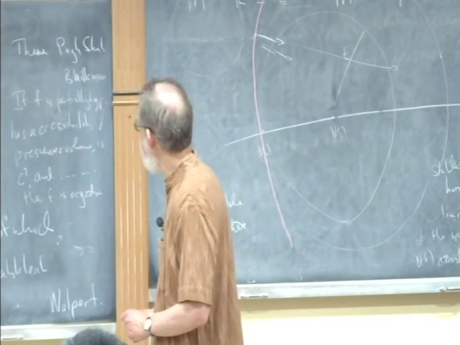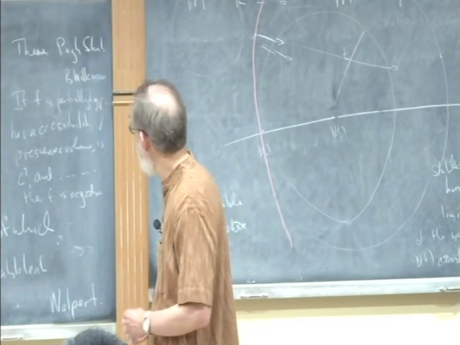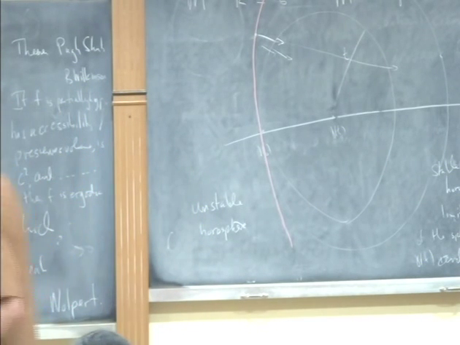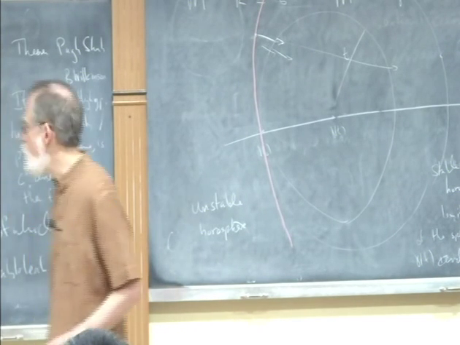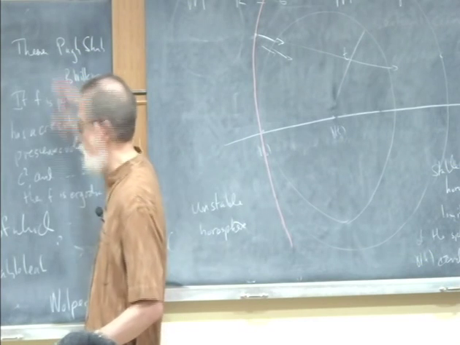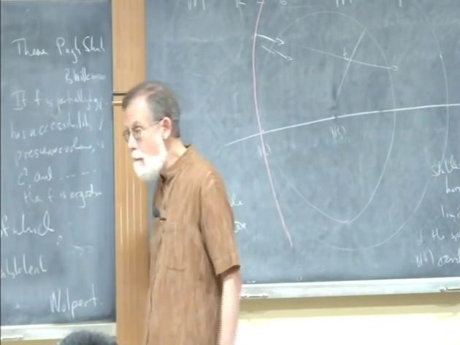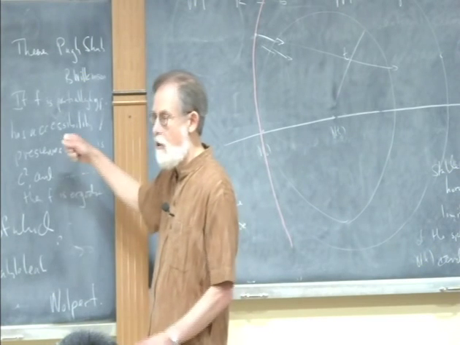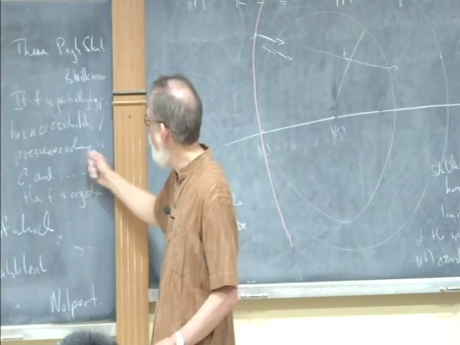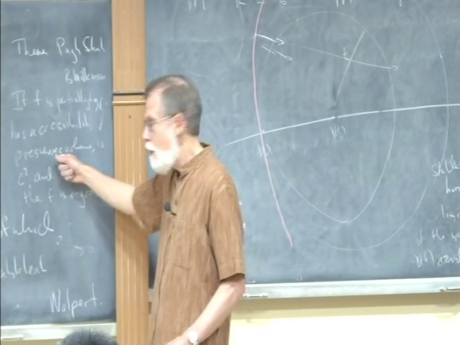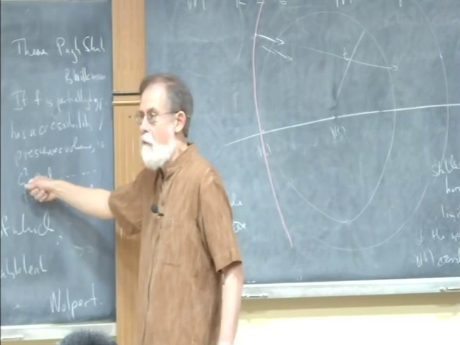And the other thing that you can prove using this type of theorem is that if you take the time one map of the geodesic flow for negative curvature, and you look at the hypotheses of the theorem, they're all satisfied for that time one map. And then if you perturb the time one map a little bit, you have to perturb it so that it still preserves volume, and you have to keep it C2.